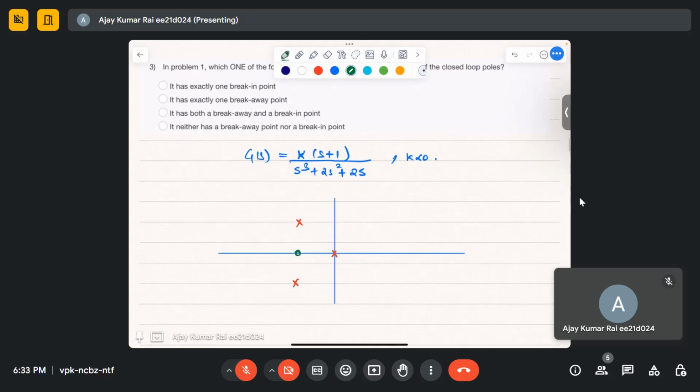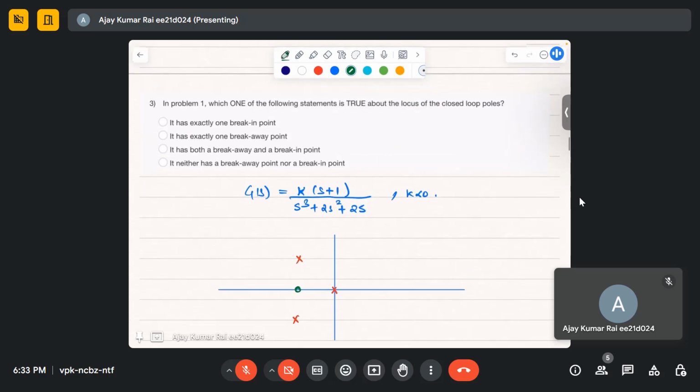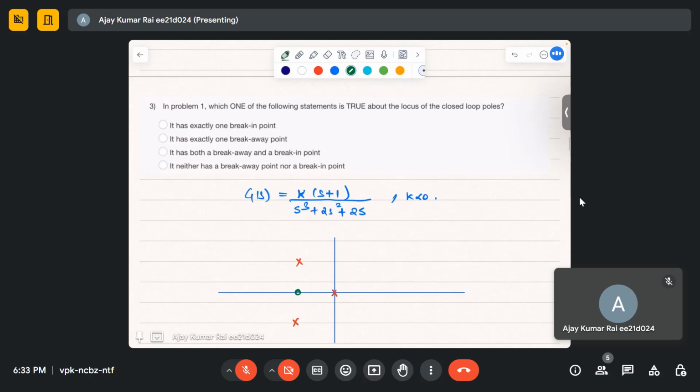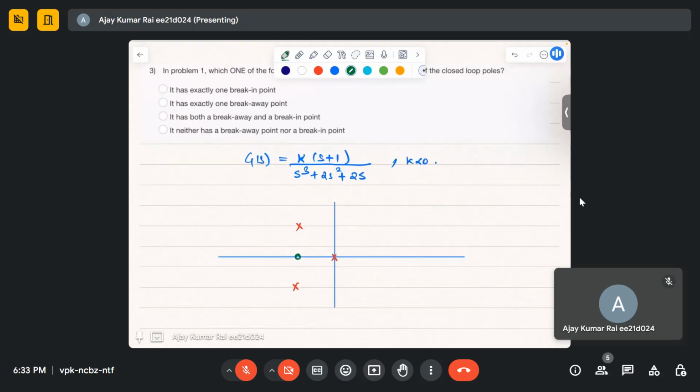So let me ask you, then I'll go to when we were studying the breakaway and break-in points. What can you say? If you see on the real axis, we have one pole and one zero.